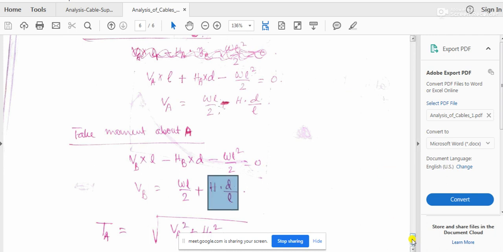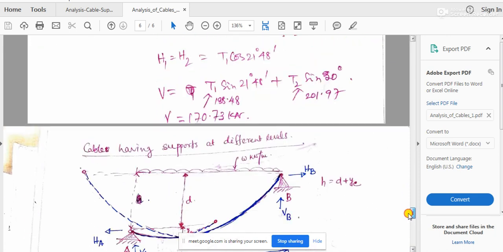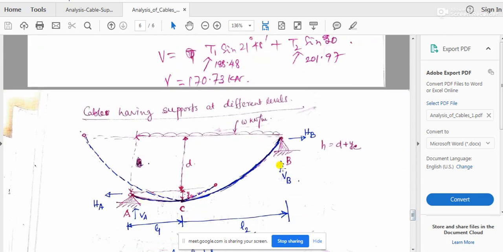Please understand it very clearly, you should not just think of it as VA and VB. In this diagram, support A is at a lower level than support B. So when calculating the vertical reaction force, it will be equal to WL by 2.